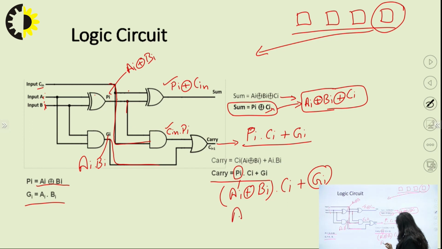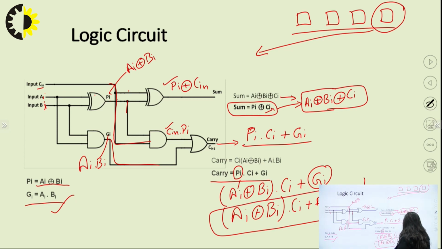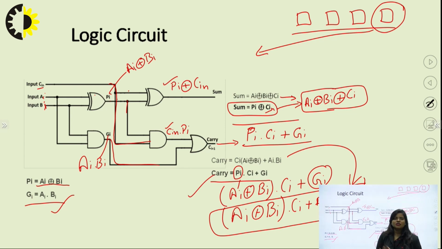Let's put Ai XOR Bi and with Ci, plus the value of Gi, which is Ai dot Bi. So this is our final value of carry. This is the same. So you can see over here we have the final sum and final carry. This is the complete representation and the final values of sum and carry.